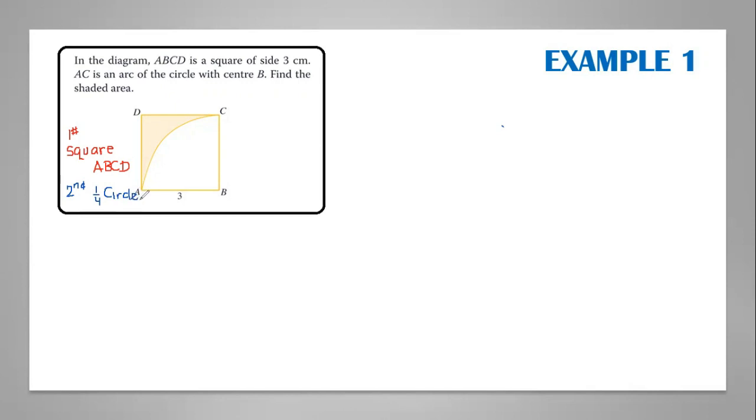So students, we have 2 shapes on the diagram, a square and a quarter circle. How to imagine that we have a quarter circle? That's very easy. Look at this diagram.